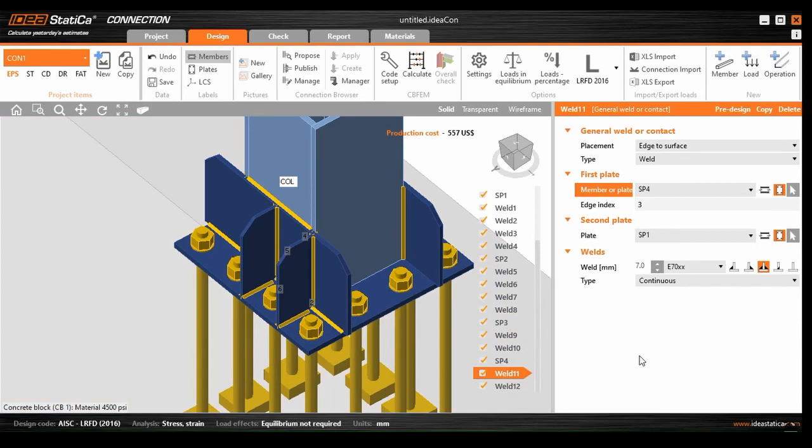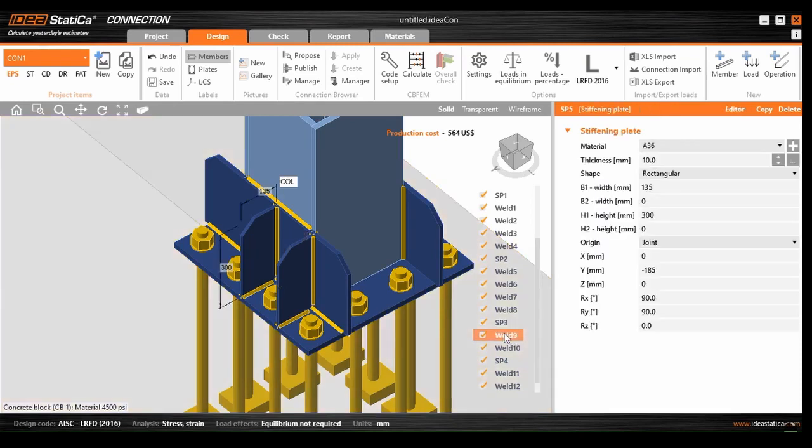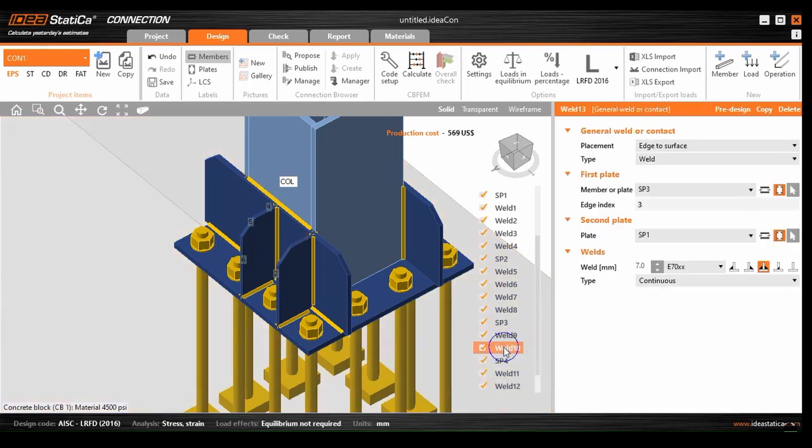Okay. Create another copy of SP3, weld 9 and weld 10. Change the value of X in SP5 to minus 173.